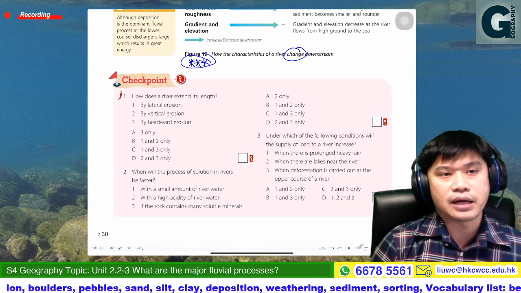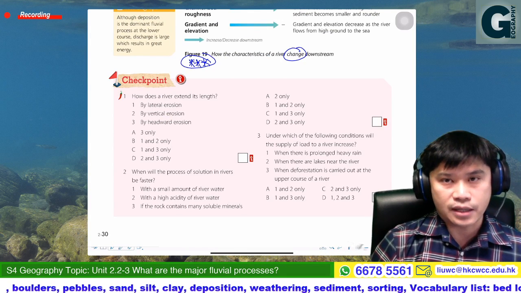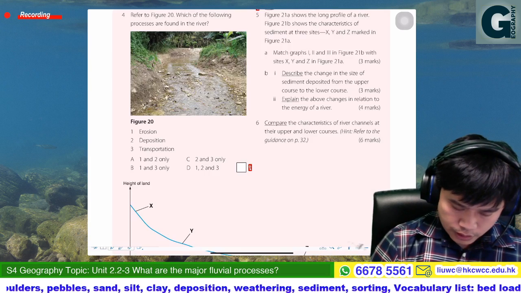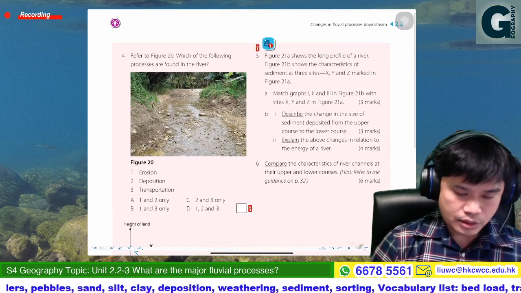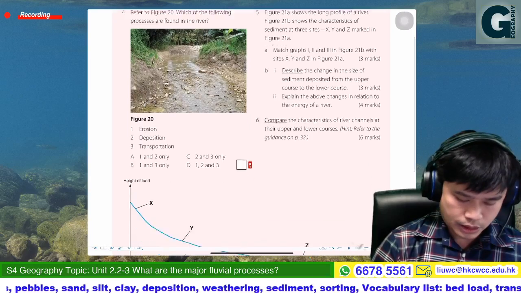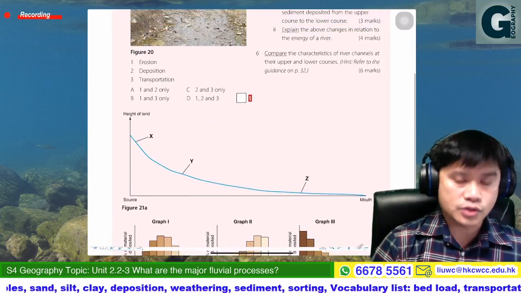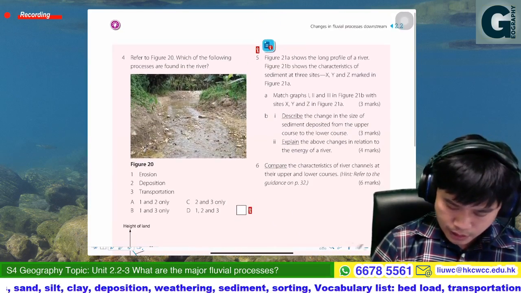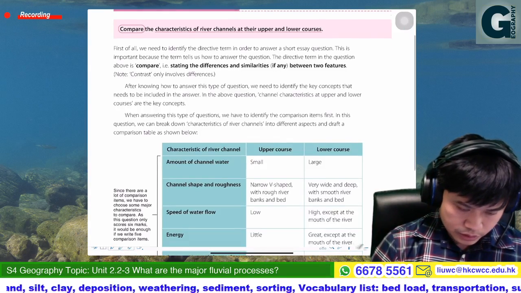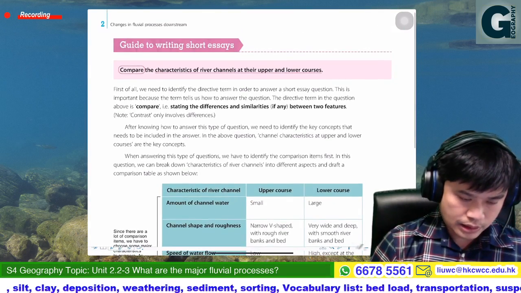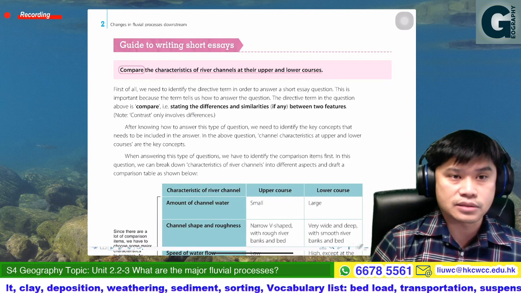It means that we have already finished this part. For the checkpoint exercise, please do it on your own, and later we're going to check the answers, and you will see the guide to writing short essays.